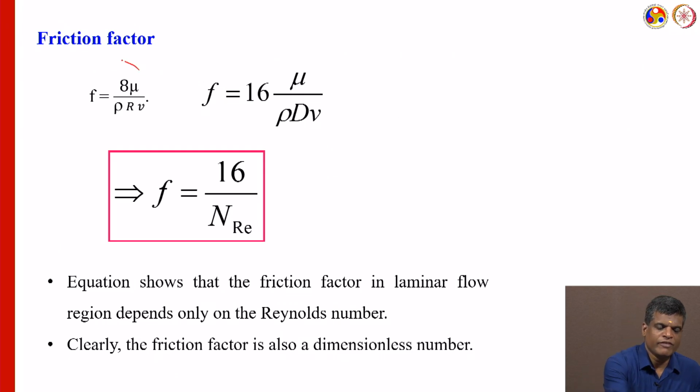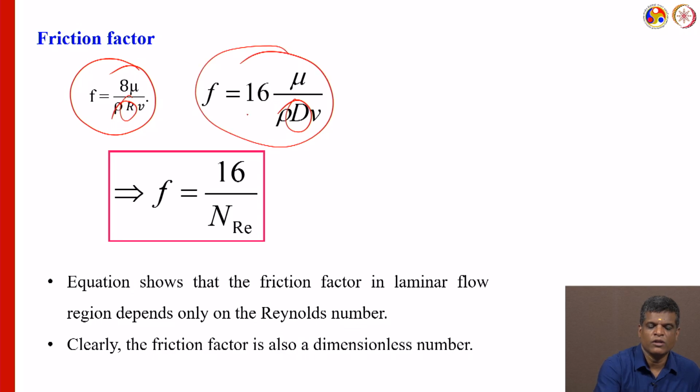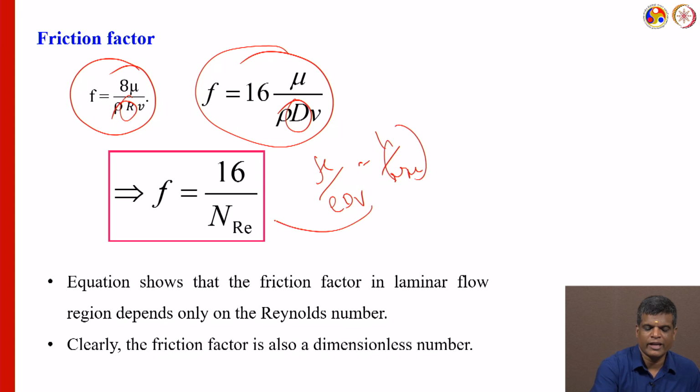Then finally F equals 8 mu by rho R V after modification. Because there is a radius, you convert it in terms of diameter, then you get F equal to 16 by this equation. We can write mu by rho dV as 1 by NRE. That is why we write 16 by NRE, and we use this for laminar flow to calculate the friction factor.